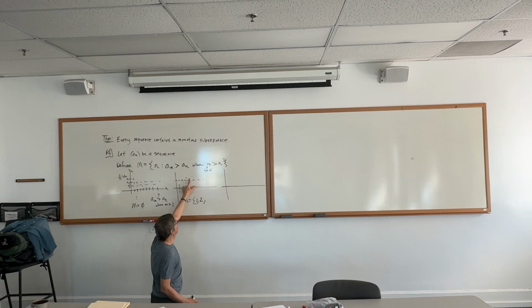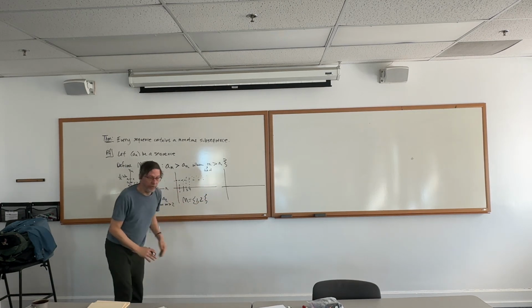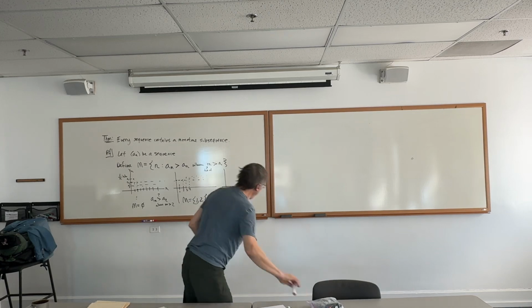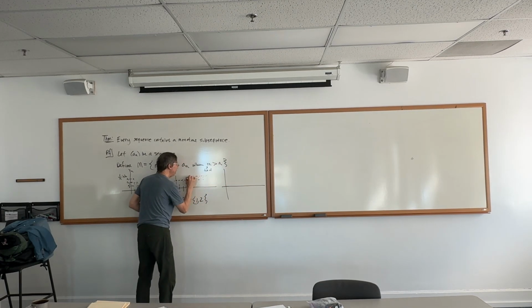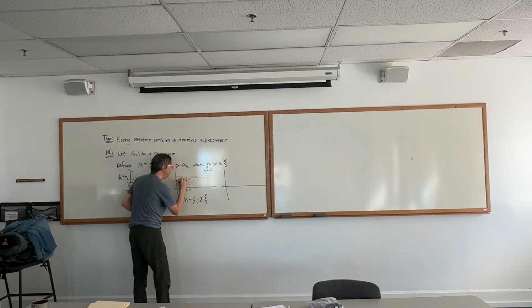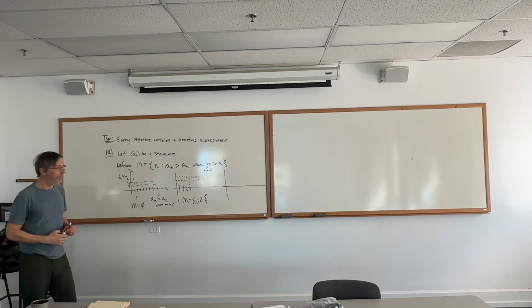Because as I move to the right, that's up, but that's the same level, so it's not greater than it. Let me just draw red lines to help emphasize that these are all on the same level. Let's try another one.